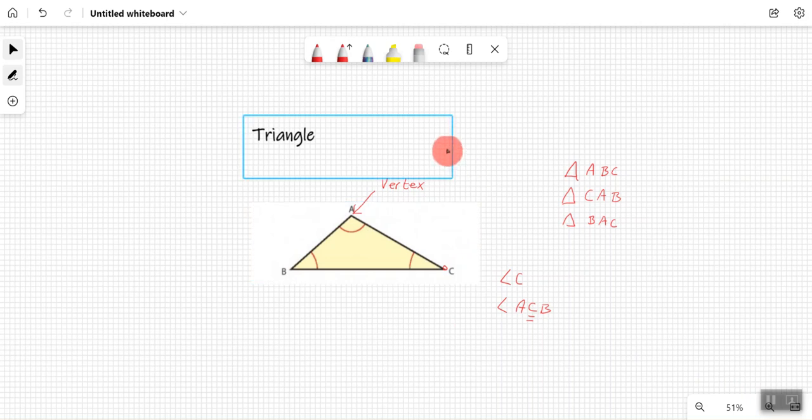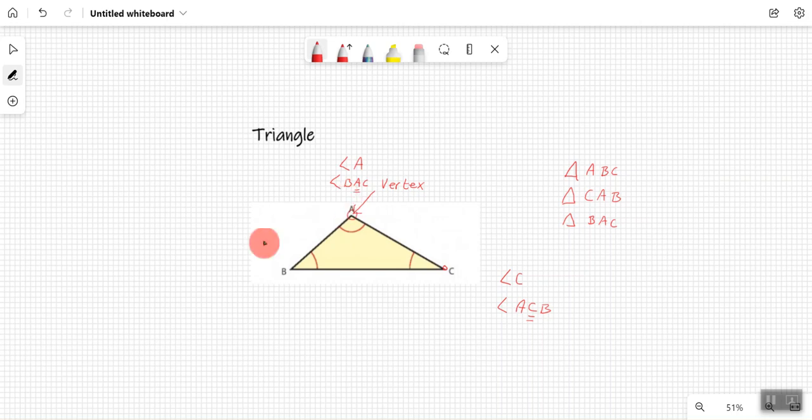So every triangle is going to have 3 points, so it's going to have 3 angles. Again, if we wanted to name this angle here A, we could either name it A, or we could say BAC. Notice that the angle is on the middle letter.